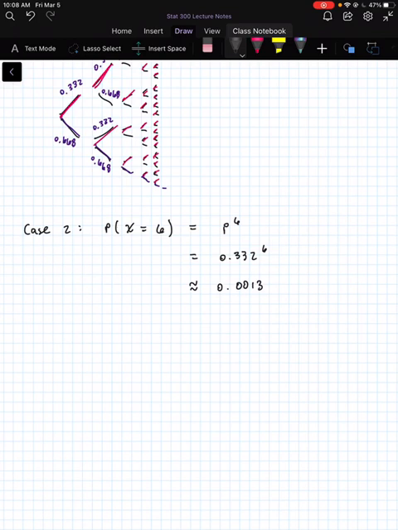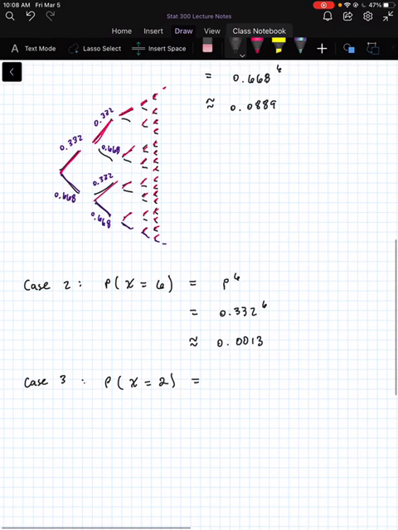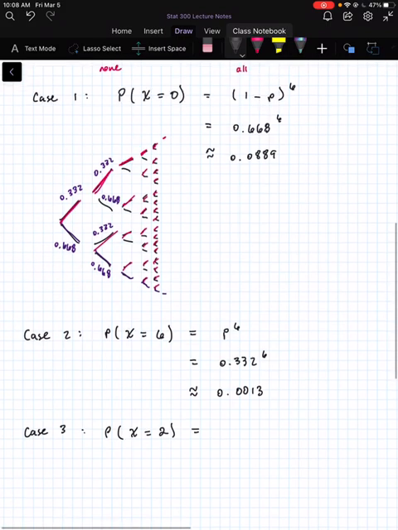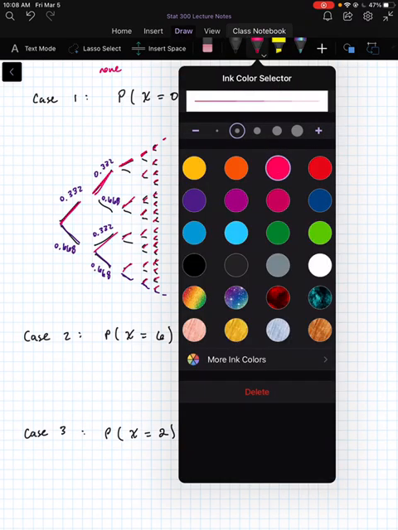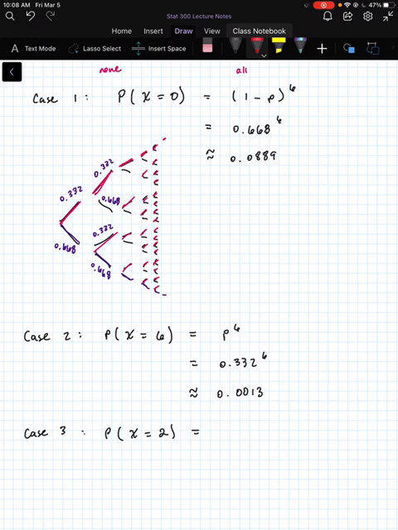So let's check one more, just so that we can come up with a general form for this probability mass function. So case 3, we're going to find the probability that exactly 2 people in this sample have hypertension. Now, if 2 of them have it, let's look at our representative branch. Suppose the first 2 people have it, and then all the rest of them don't.